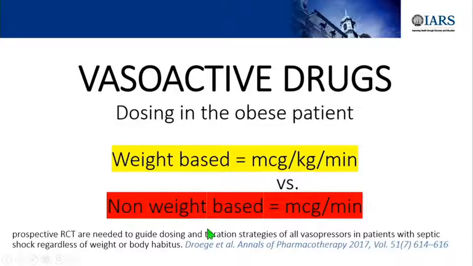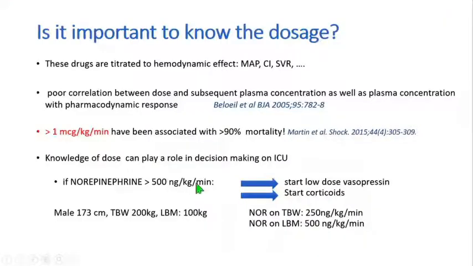What about vasoactive drugs? Much to my surprise, the focus on vasoactive drugs is not so much on total body weight, ideal body weight, lean body mass, but on the issue, should we use weight-based dosing or non-weight-based dosing, meaning micrograms per kilogram per minute, or simply micrograms per minute.